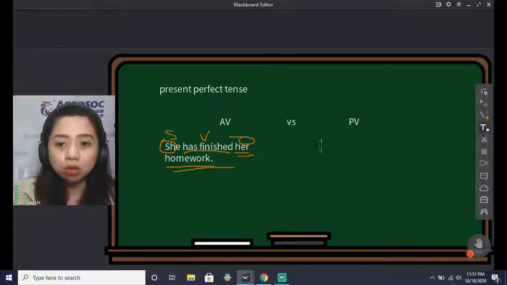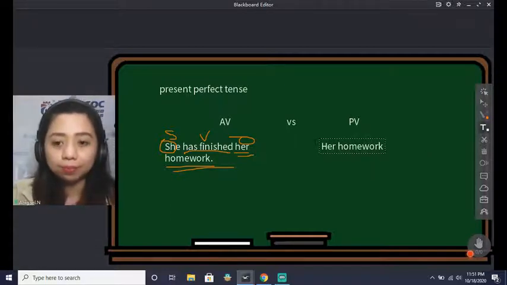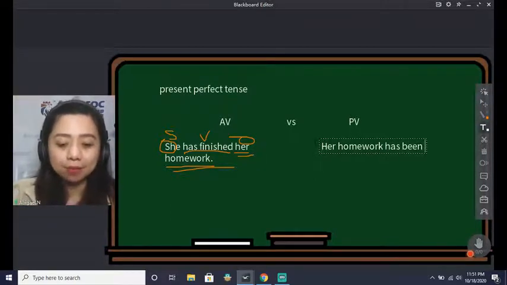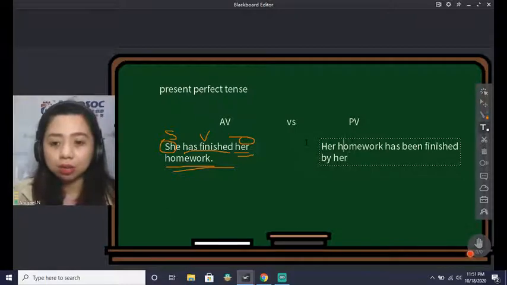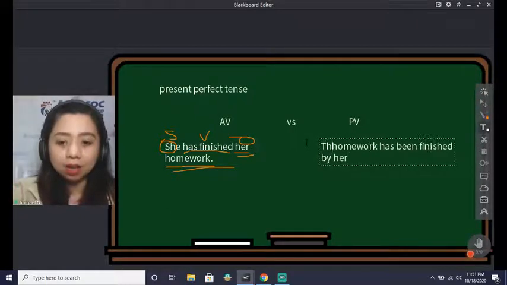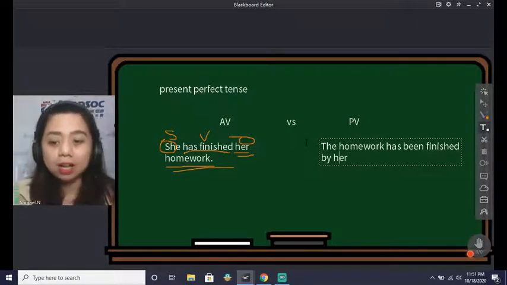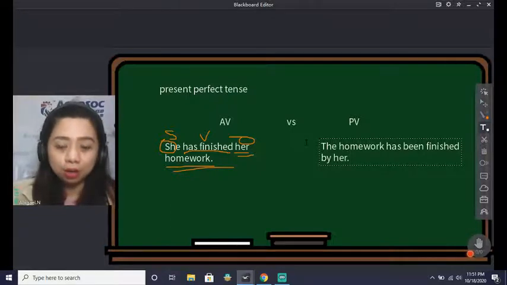So now change it into passive voice. Her homework has been finished. By her. Or no, sorry, my fault. The homework has been finished by her.